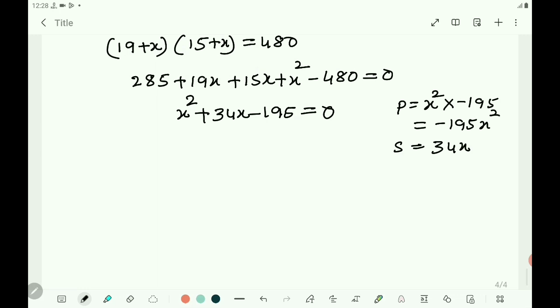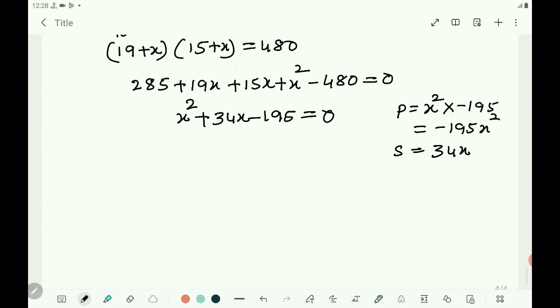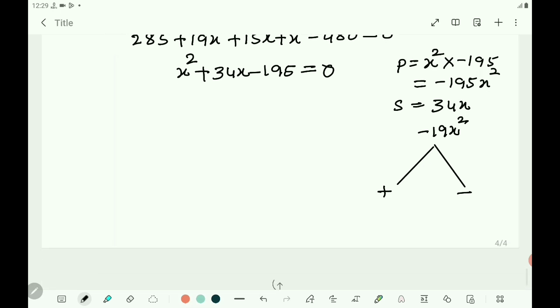We have to split minus 195 x square. As the product has factors of different signs, the greater factor has the sign of the sum, that is the sign of the middle term, plus minus.